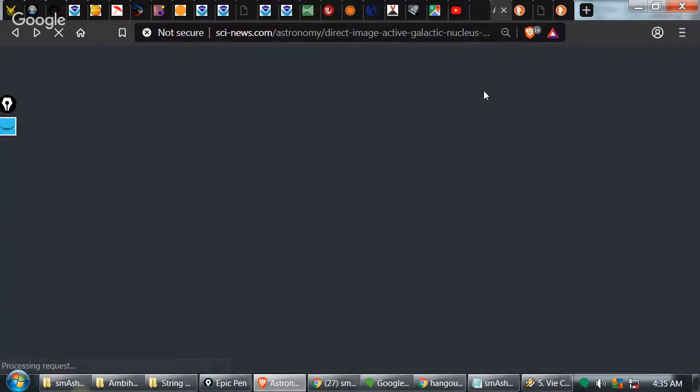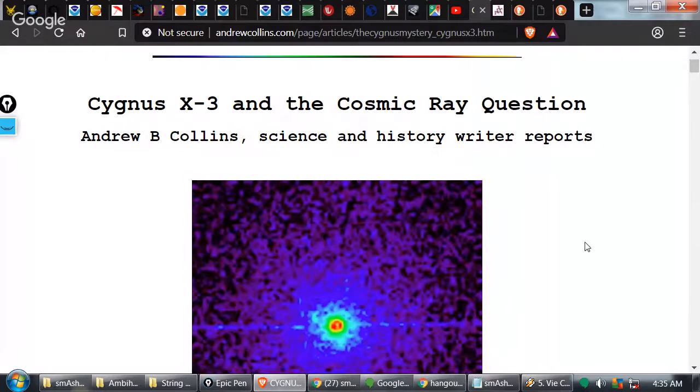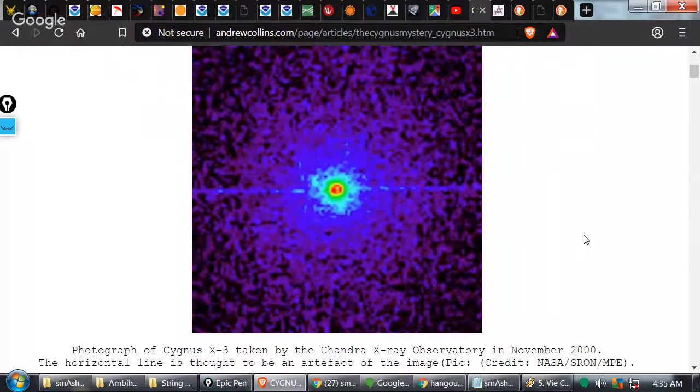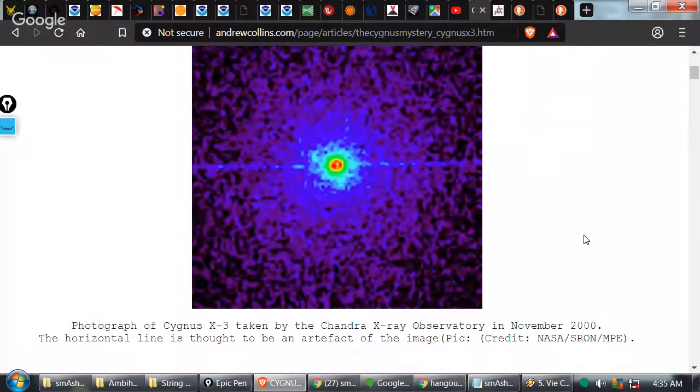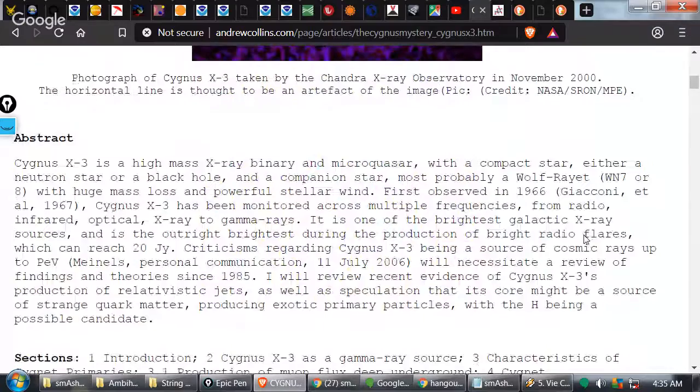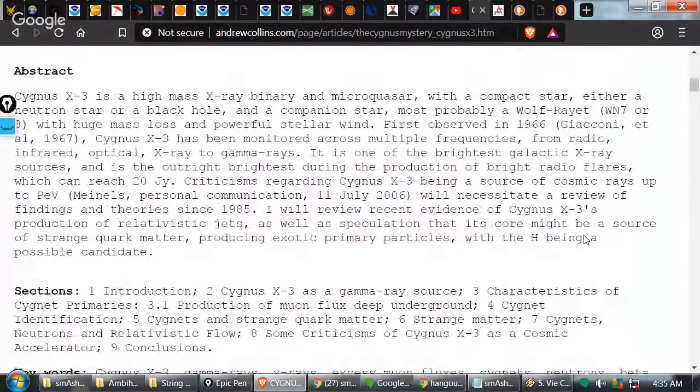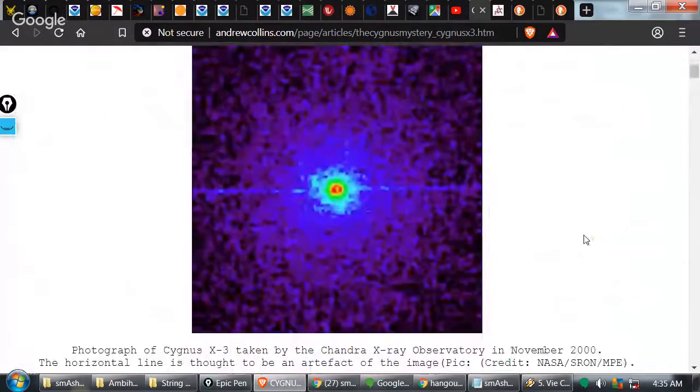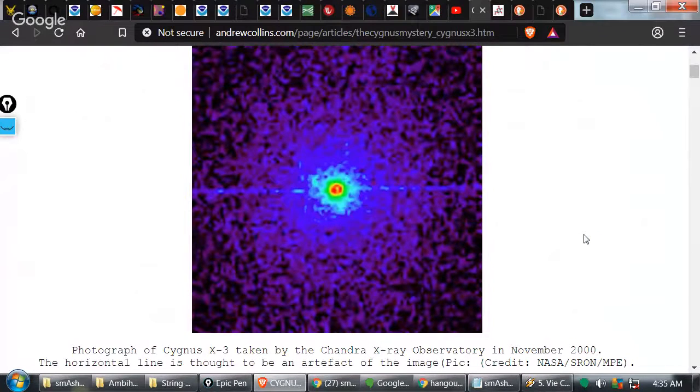We put up this paper yesterday. Put up this paper on andrewcollins.com about Cygnus X-3 and the cosmic ray question. If you're not familiar with this article, please read it. It's super interesting. And if you're not familiar with Cygnus X-3, it's the most distant single object visible to the naked eye.